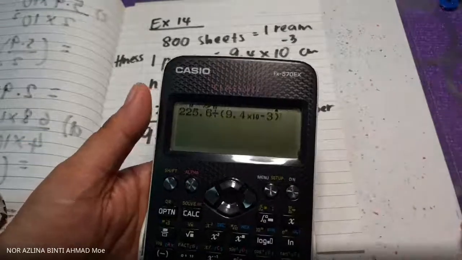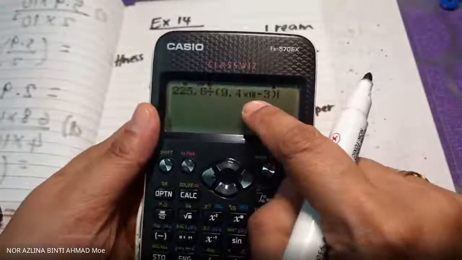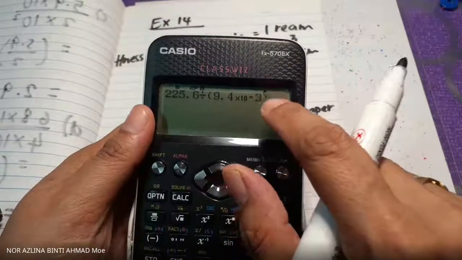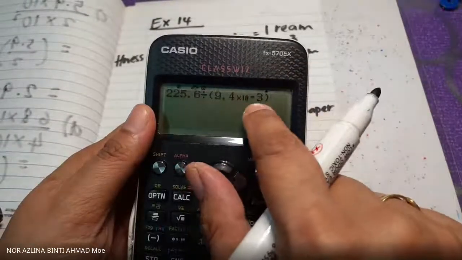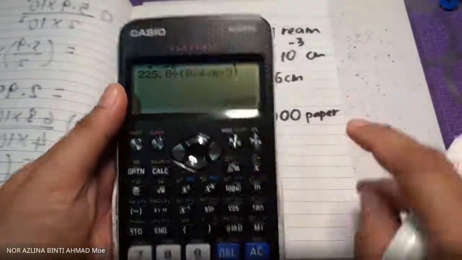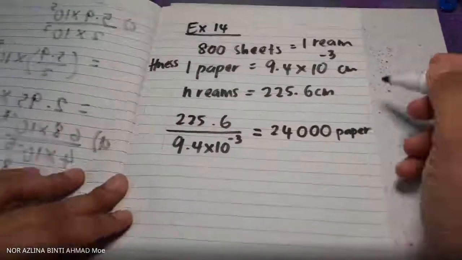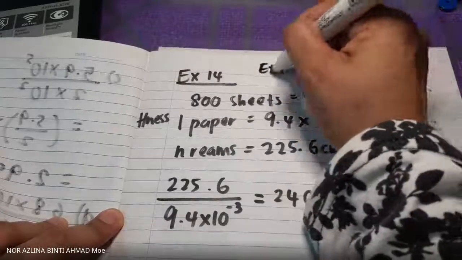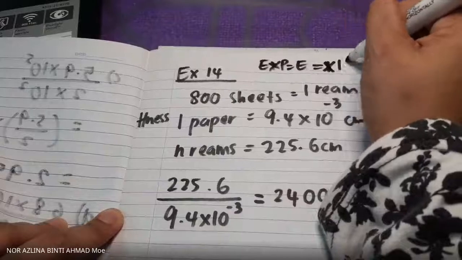Okay, jumpa. Good. Tu awak punya sama dengan saya, saya punya times 10. Awak punya tulis EXP, so dia akan keluar E saja. So tekan E, tekan negative 3. Nanti jawapan sama, so 24,000. Okay. Tadi EXP ni, awak tekan EXP, nanti dia keluar E saja dekat calculator. So ini sama dengan multiply 10 power of apa.